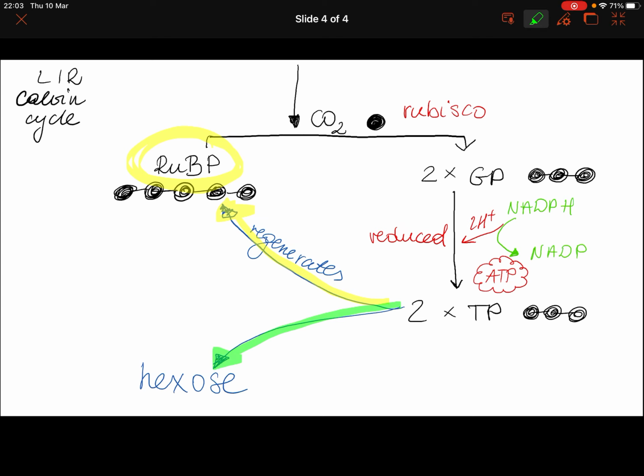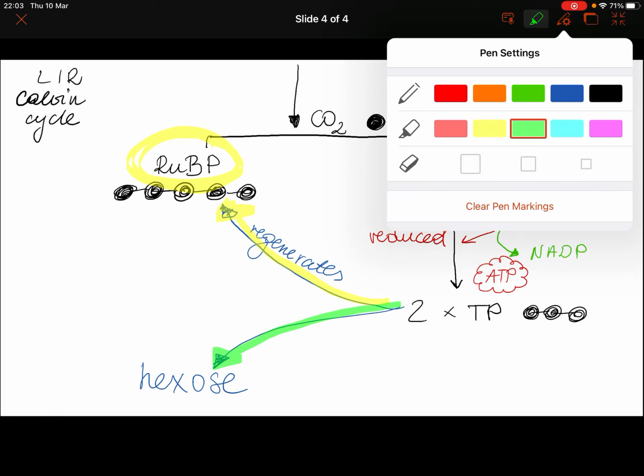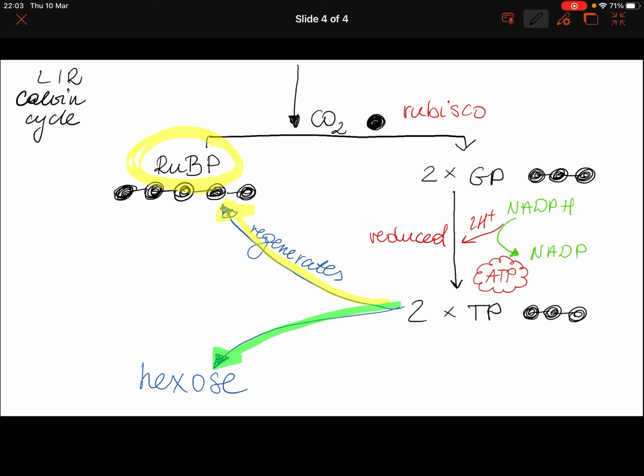To summarize the Calvin cycle one more time, we started the cycle with the molecule ribulose bisphosphate, which contains 5 carbons. RuBP now reacts with carbon dioxide in the stroma, and that is catalyzed by an enzyme called rubisco. This reaction allows the formation of 2 GP molecules, where each of them contains 3 carbons.